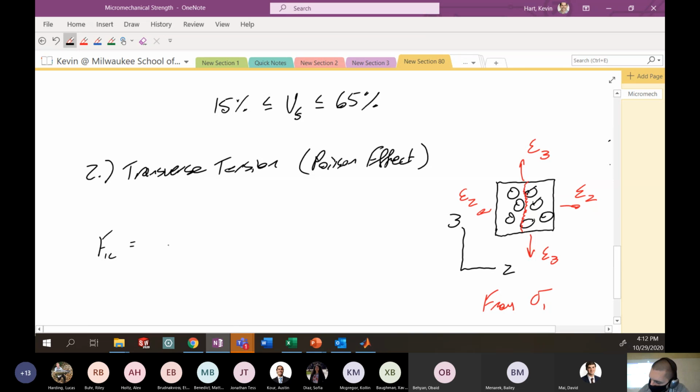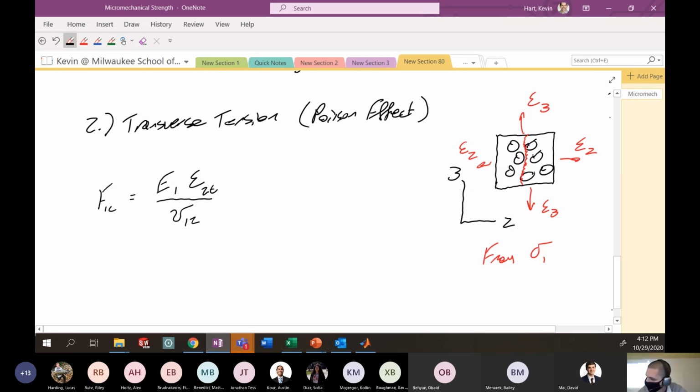This has a couple forms. But here, I've got to go back to my notes to make sure I get this right. F1C here is going to be the modulus of the composite multiplied by the strain that would cause failure in tension in the 2 direction divided by Poisson's ratio of the composite.